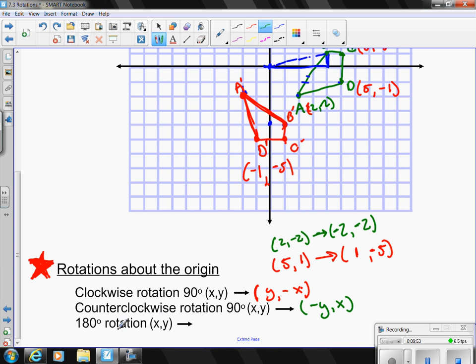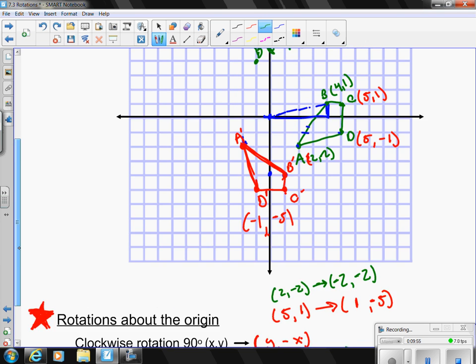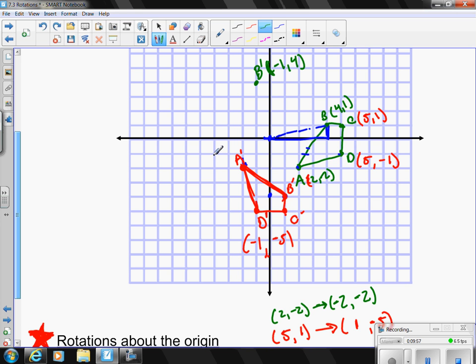And for a 180-degree rotation, if we imagine B prime here, here's 90, here's 180. So it's going to flip it all the way across. Make a straight line as 180 degrees. That's here, this goes down below.